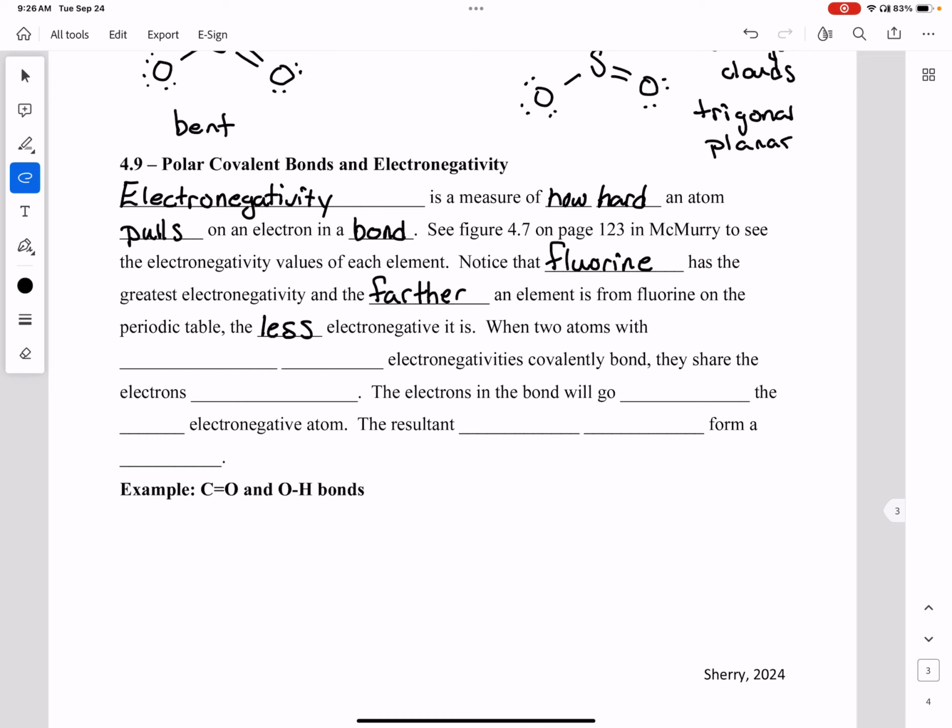So when two atoms have different enough electronegativities and they're covalently bonded, then they will share their electrons unequally. The electrons in the bond will go towards the more electronegative atom, and what happens then is you get partial charges.